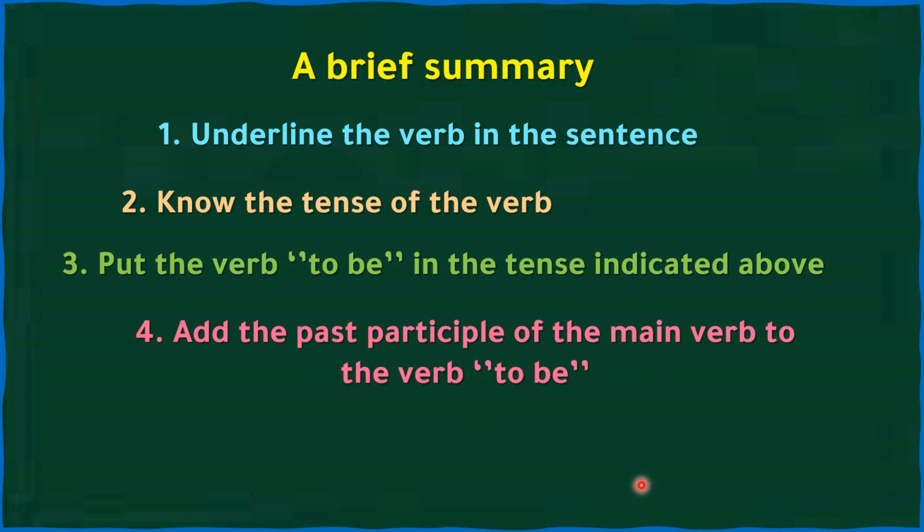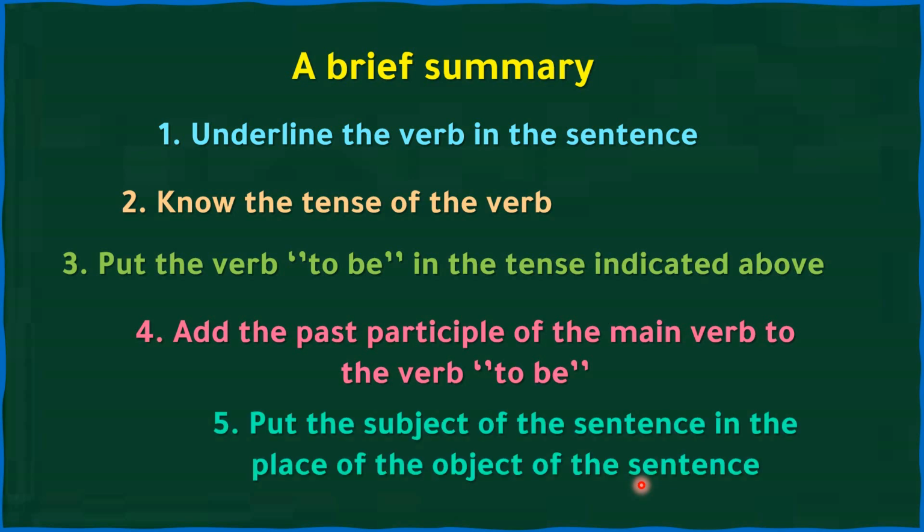When we put the verb to be in the tense of the main verb, we add the past participle of the main verb. Finally, put the subject of the sentence in the place of the object of the sentence. The subject and the object change their places in the passive voice.